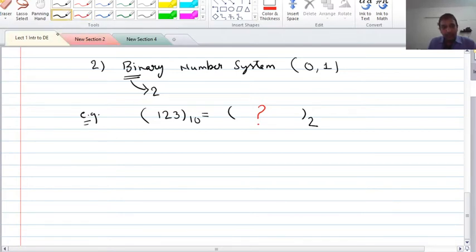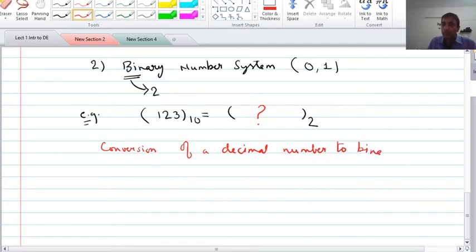See here that at this position we have to study the conversion of a decimal number to binary number.